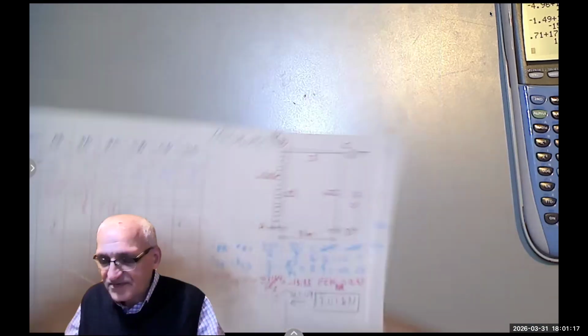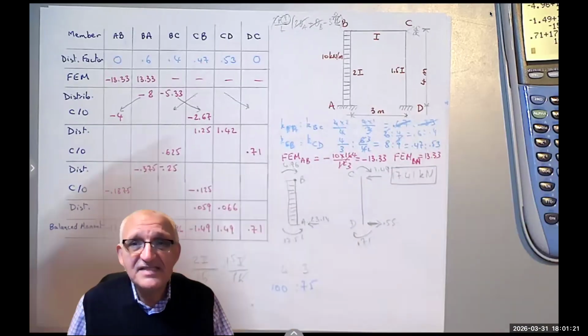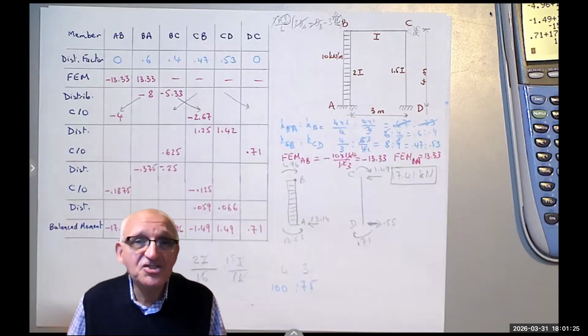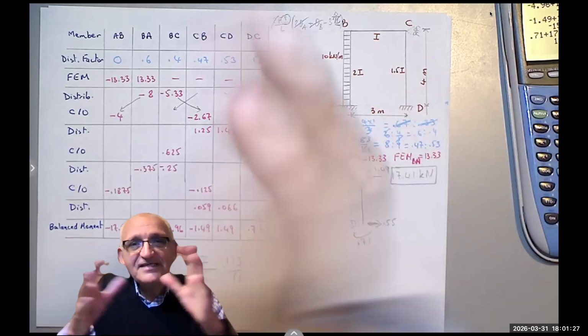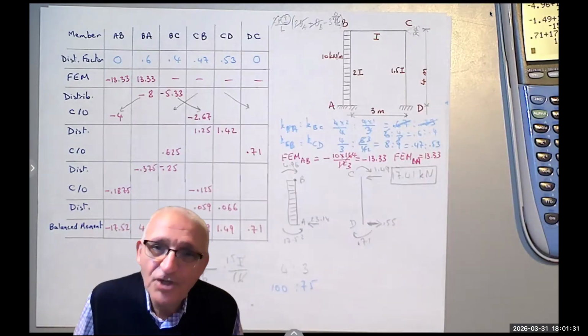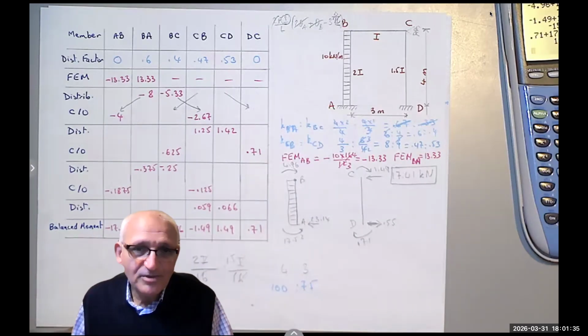But at the end of the day, you are solving the same exact method. The only thing is that you are adding these fictitious moments and calibrating them so that you get the same reaction, and then boom, you add the two moments to get the final moment.